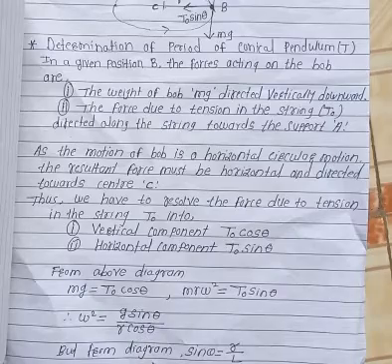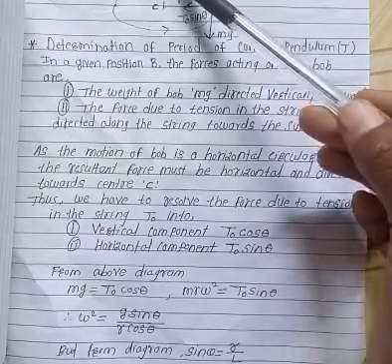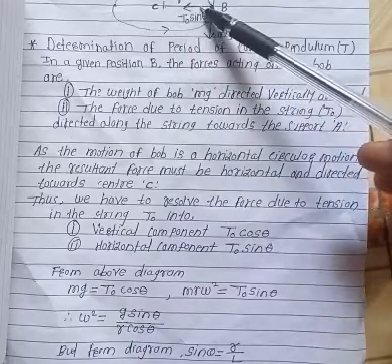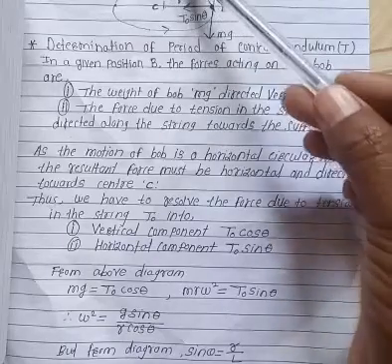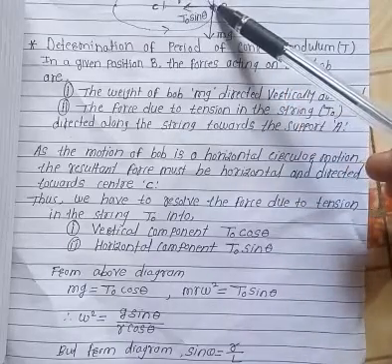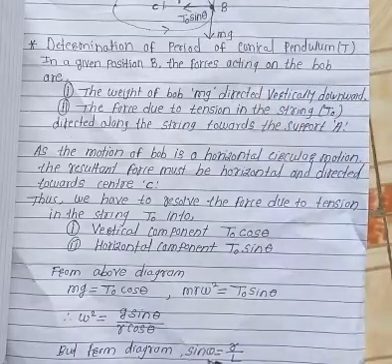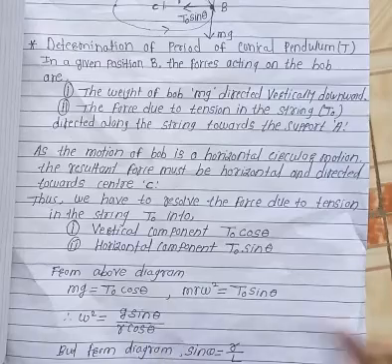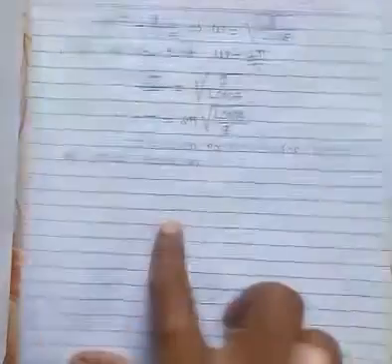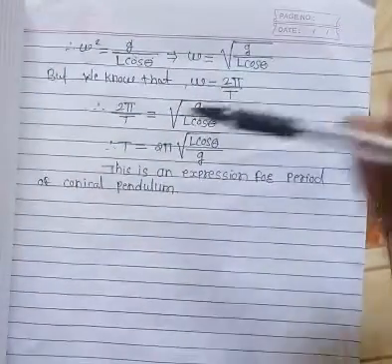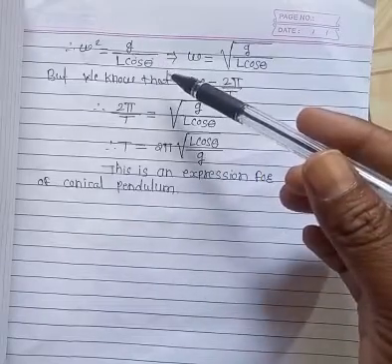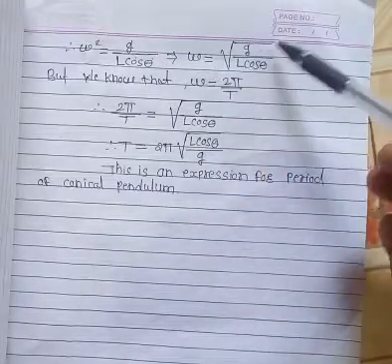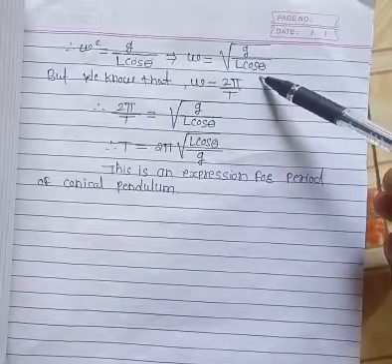But from the diagram, sin theta equals opposite r divided by hypotenuse L. So if we put the value of sin theta, we get omega squared equals g upon L cos theta. That is, omega equals root of g upon L cos theta.